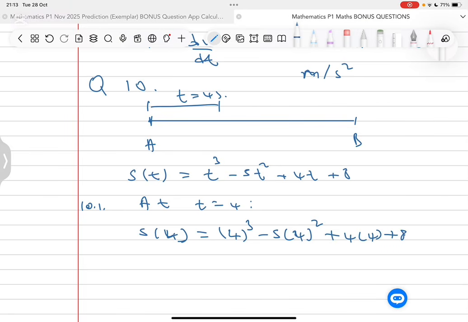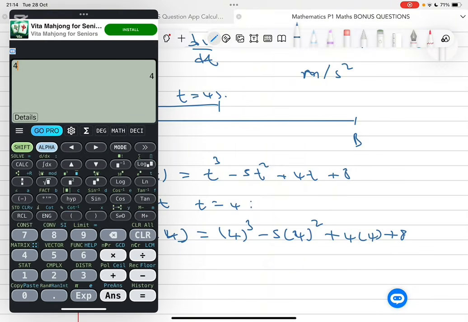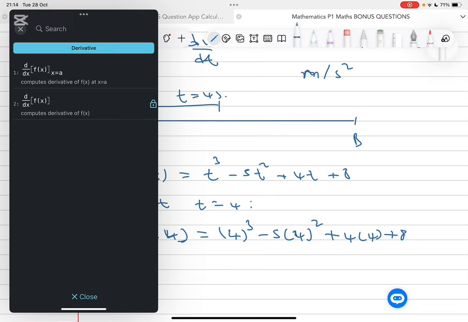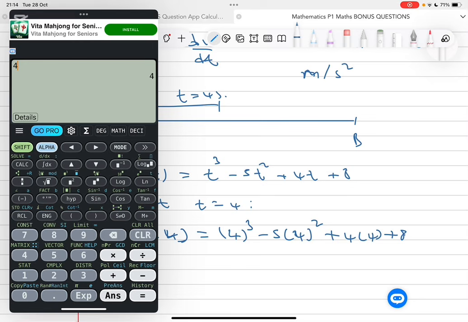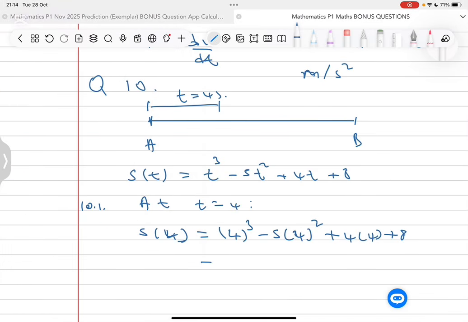And we can quickly just do this using our calculator really to save time. And this gives me an answer of 8.